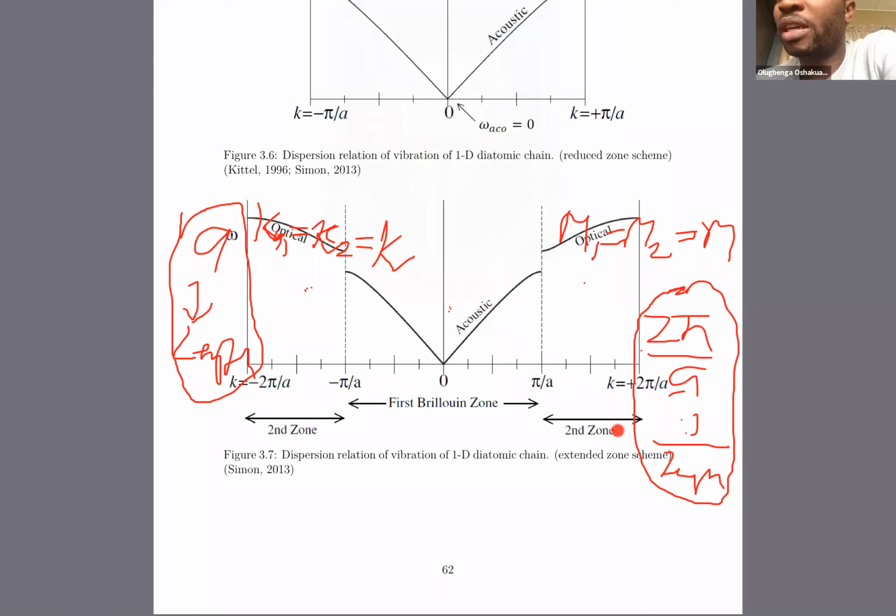But the inner one, which is close to the center, is called the first Brillouin zone, while the outer one is called the second Brillouin zone. So the second Brillouin zone seems to encapsulate the first Brillouin zone.